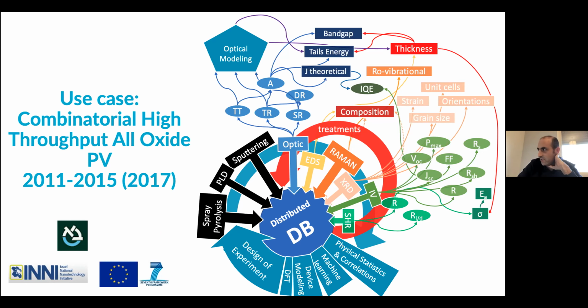So this is a schema of all the data interactions, software interactions, instrument interactions, device interactions, and materials that happened in this project. It started with fabrication. These are the black boxes here: spray pyrolysis, pulse laser deposition, and sputtering.